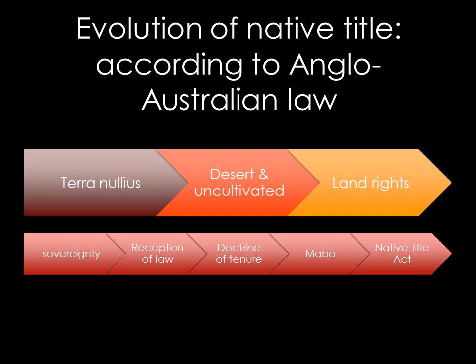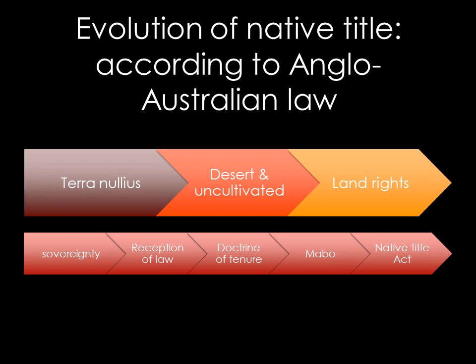So in broad terms what you'll see on the screen now is the general progression of the underlying concepts that justify Anglo-Australian law relating to land tenure. And the first of these of course is terra nullius, which as we'll see is an international law concept from the 17th, 18th centuries that justifies the English becoming the sovereign ruler over the continent of Australia.